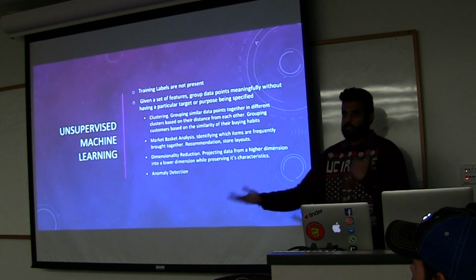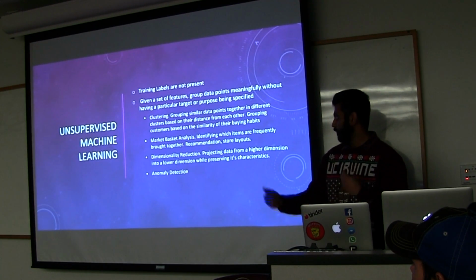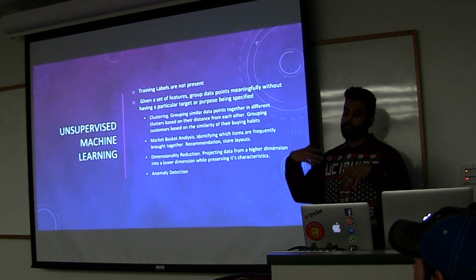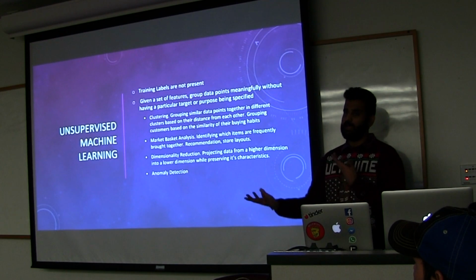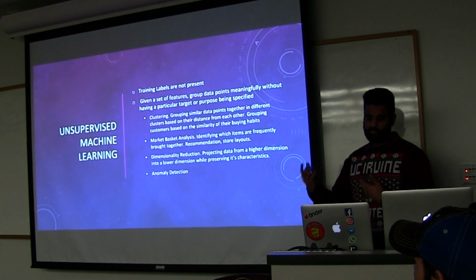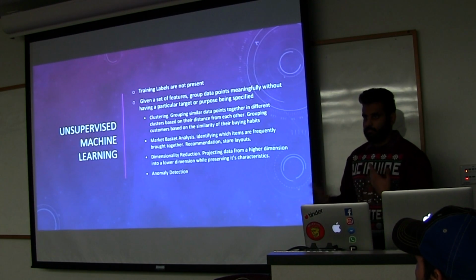There's no label for customers, just their habits maybe, what they buy and when they buy, and you just want to group them together. There's no label, but you want an algorithm to learn the underlying patterns and group the similar customers together. It's also used in something called market basket analysis, which is the way Amazon does it.